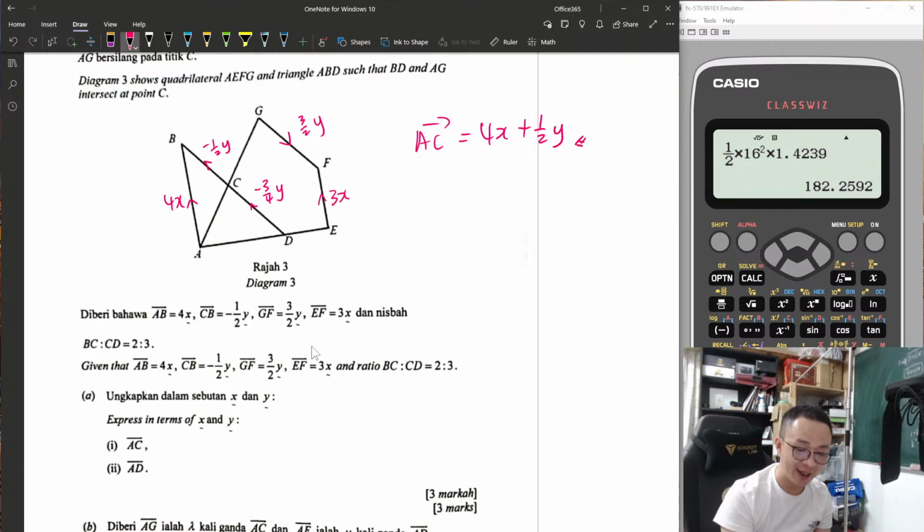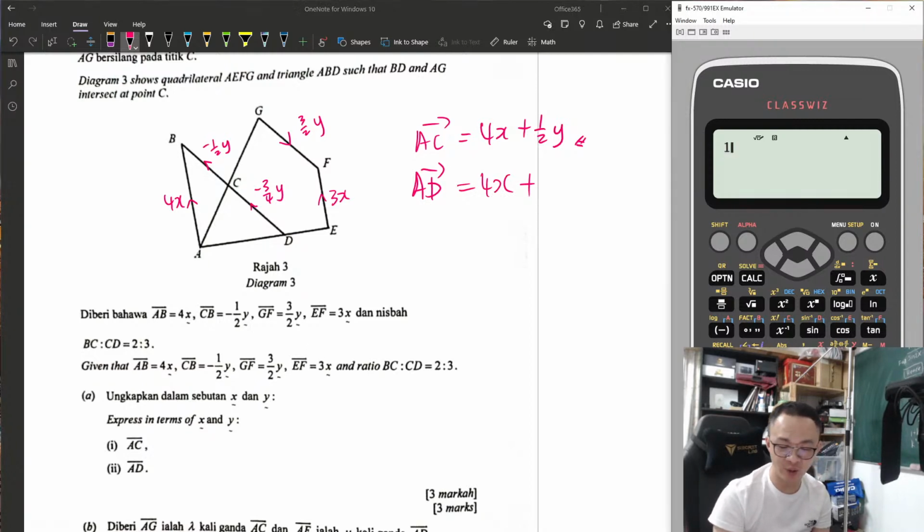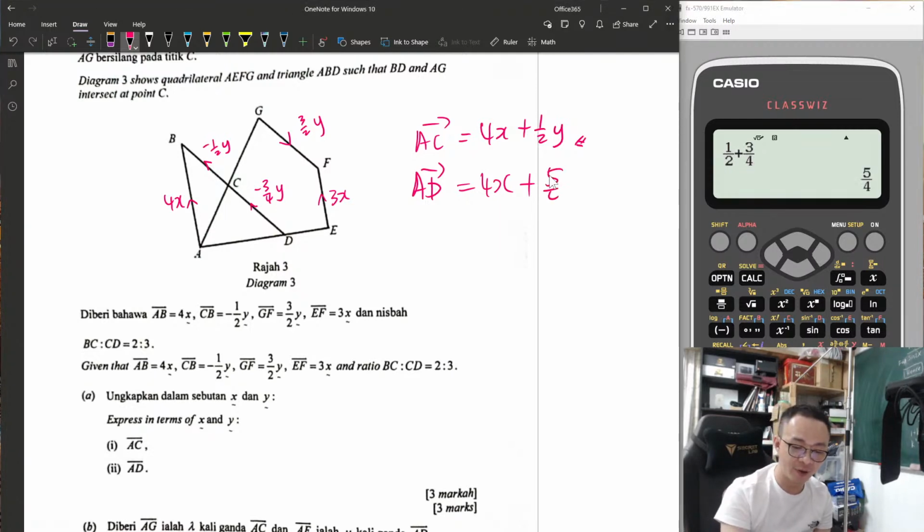Done. AD, what is A to D? It's over here. AD is equal to AB, 4x, plus these two together, 1 over 2 plus 3 over 4, so 5 over 4y. Done. Three marks easily.